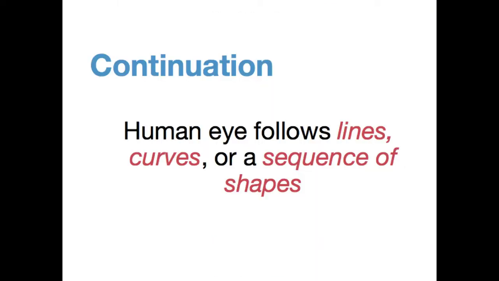Next, the fourth principle is continuation. The concept of continuation applies when, if you look at the human eye, it will follow the lines. For example, follow the curve, follow the sequence of the shape, things like that. That's the Gestalt principle called continuation.